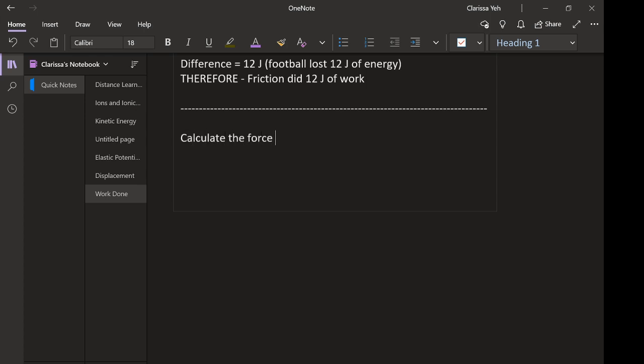Calculate the force required for 9 joules of work to be done over 90 centimeters. So that's my question. Get out some scratch paper, your calculator, and have a go at this one. Meanwhile, I'm going to put a challenge at the bottom.